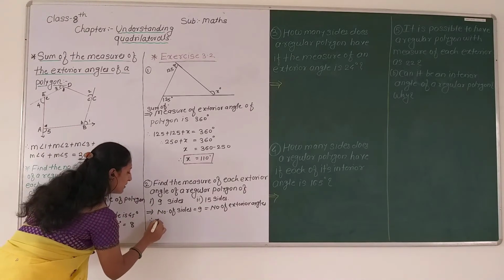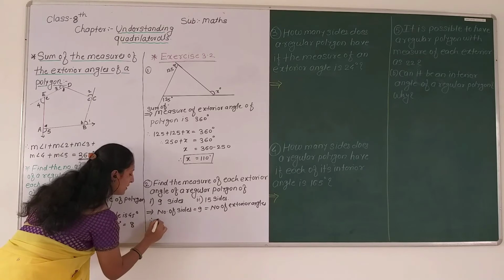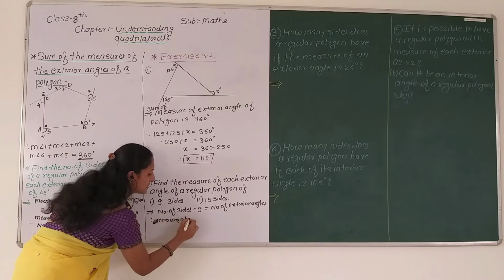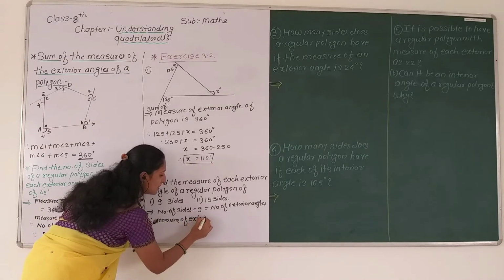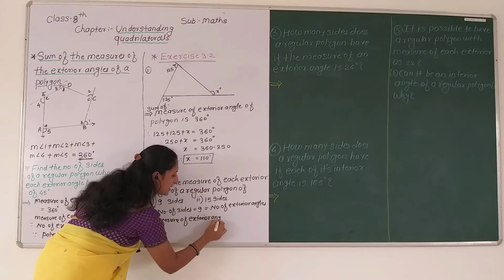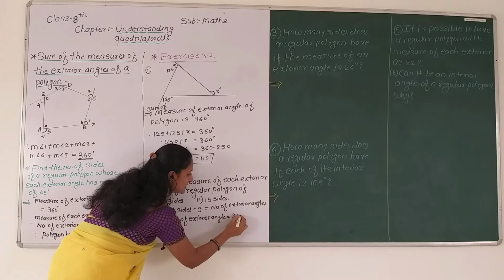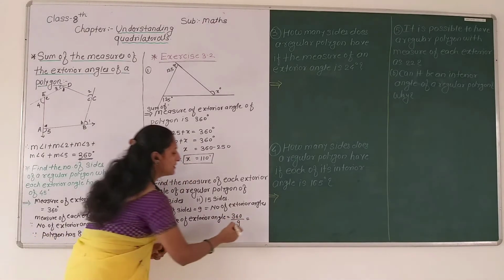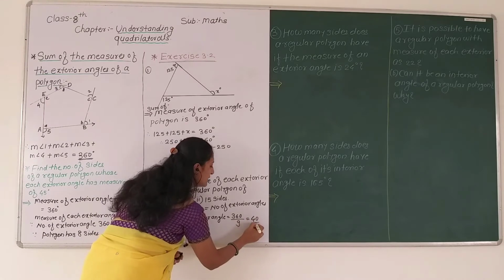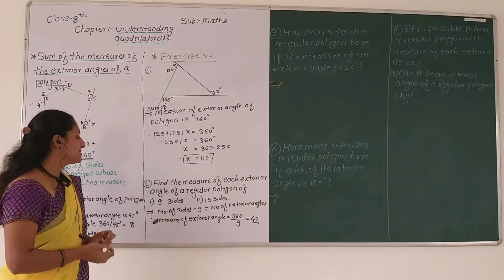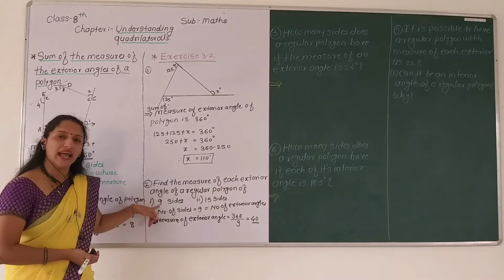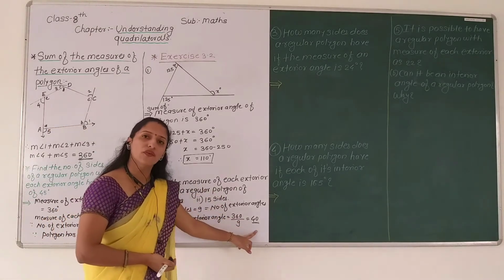So therefore the measure of an exterior angle is equal to what? 360 divided by 9. So that is 40. So that means the measure of an exterior angle of a polygon having 9 sides is equal to 40 degree.